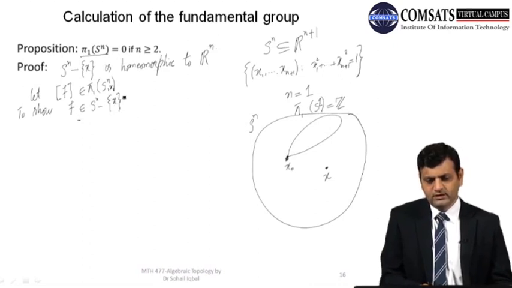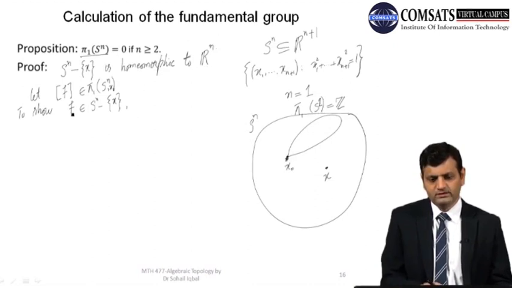If we can show that, and also we know that Sn minus x is homeomorphic to Rn, and we also know that Rn is convex, then we have seen in an example that in a convex set every two loops are homotopic. So in other words, it has trivial fundamental group, so every loop is null homotopic.